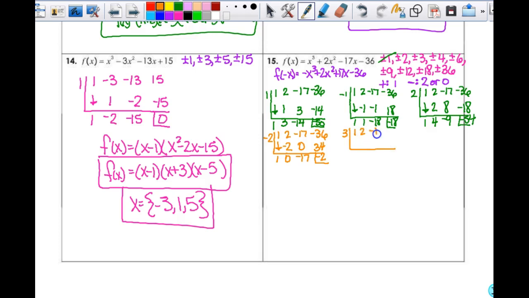1, 2, negative 17, negative 36. So 1, 3, 5, 15, negative 2, negative 6, negative 42. All right, negative 3. 1, 2, negative 17, negative 36.